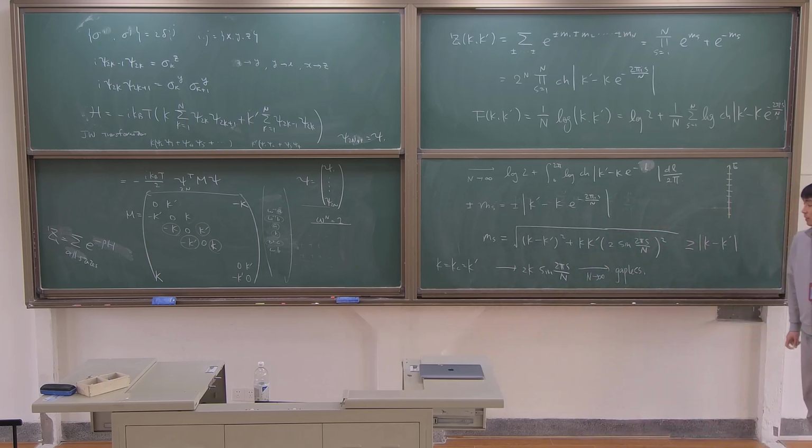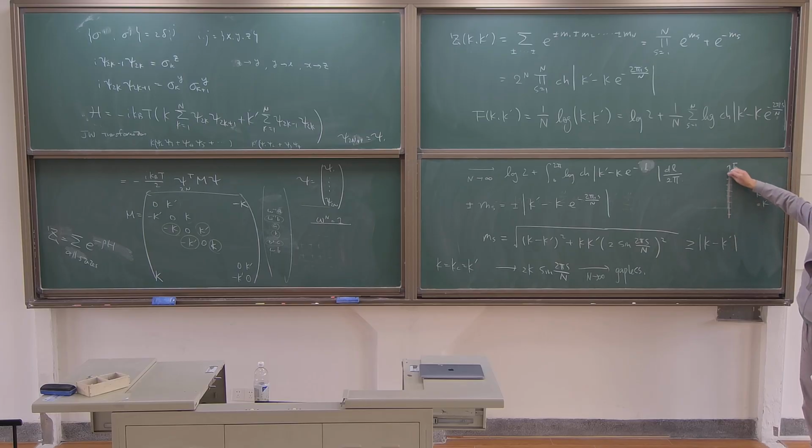So when k is equal to k prime, which is the critical temperature case, then the energy spectrum is really continuous.